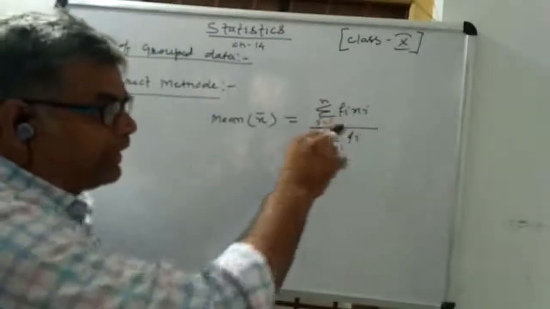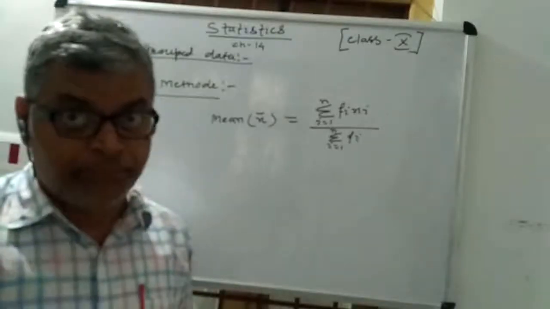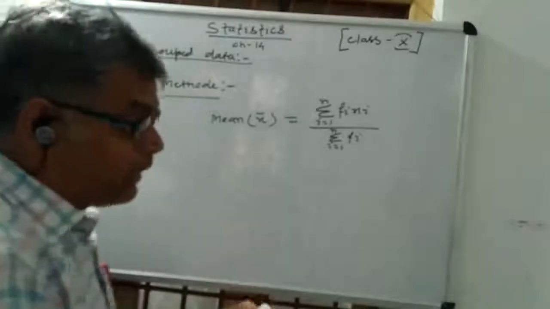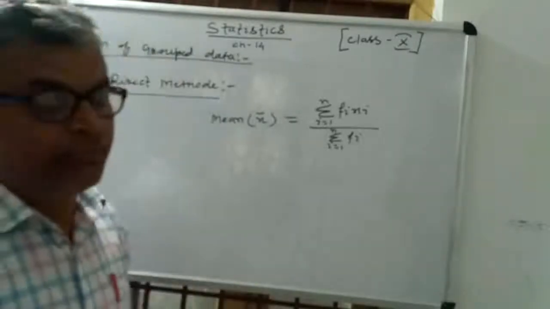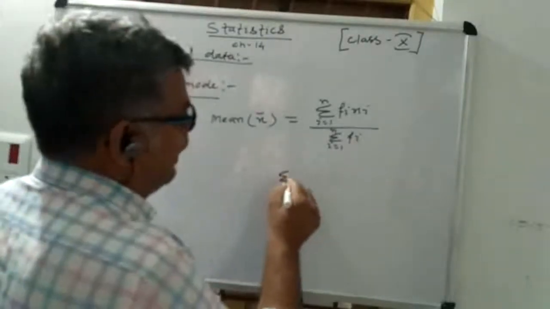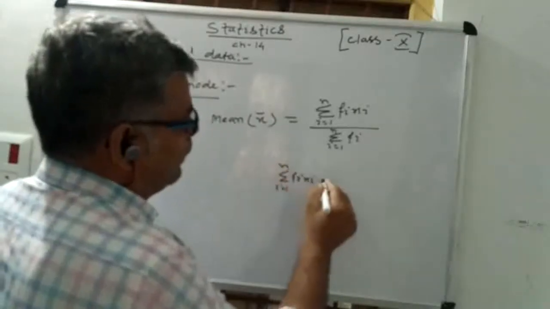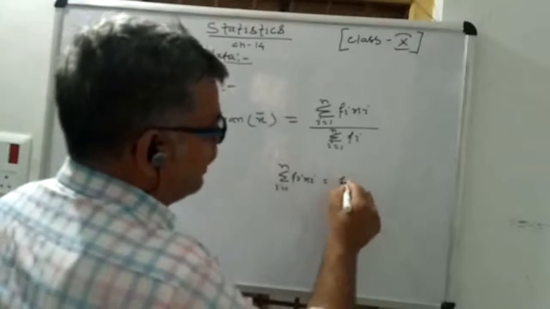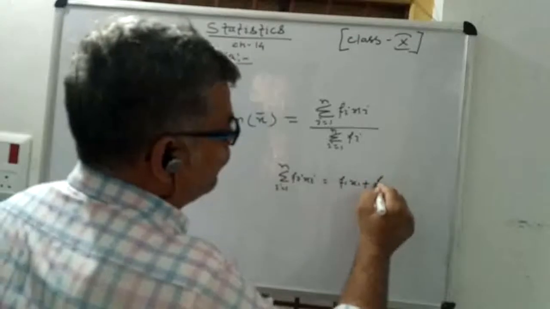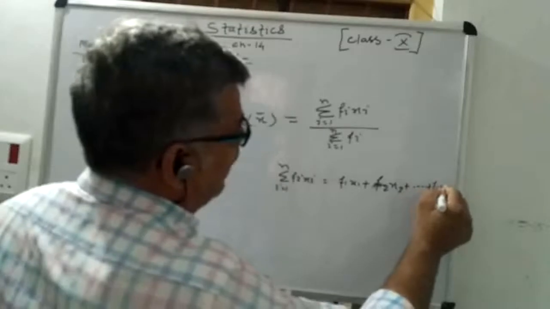Here summation fi xi expresses that when the value of i changes, a plus sign comes automatically. You can write sigma fi xi, i equals 1 to n, as f1 x1 plus f2 x2 plus dot dot plus fn xn.